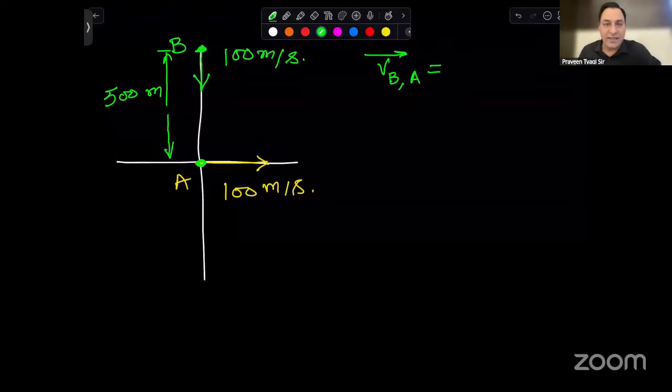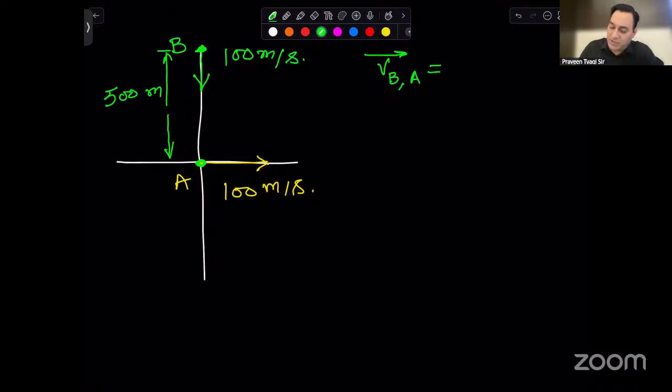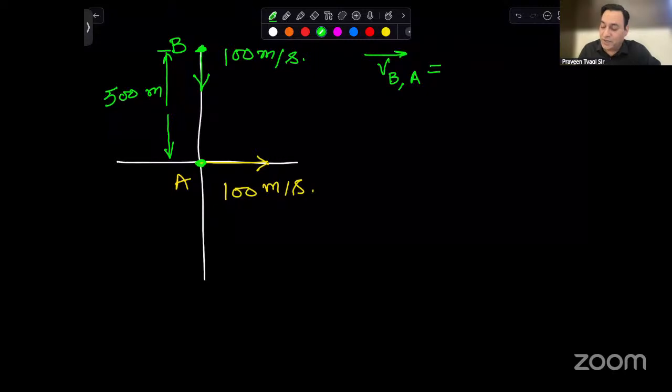Yes, Dave has answered it. Minus 100 i cap, minus 100 j cap. Yes, that's the right answer. But there is something more to it, which I want. Now you tell me how A finds B to be moving, in which direction. Just show me on paper.